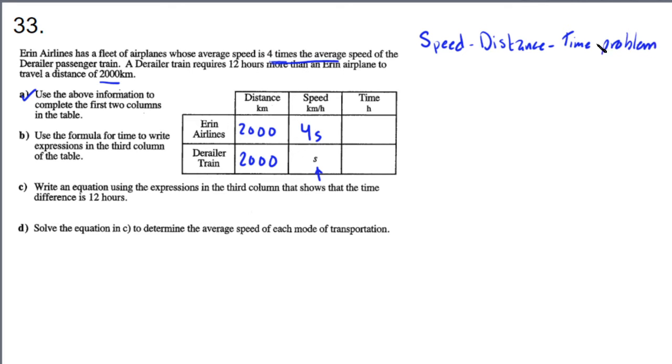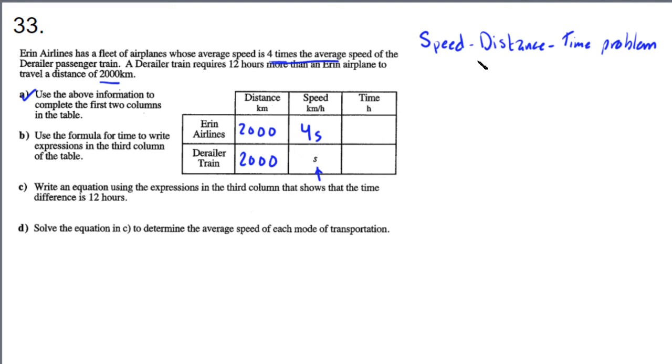And there is a formula that relates the speed, the distance traveled, and the time it took. Now, you don't necessarily need to memorize that formula. It's a very easy formula to derive from scratch.